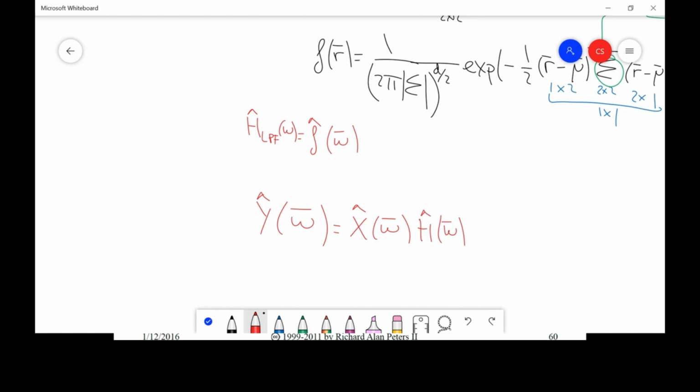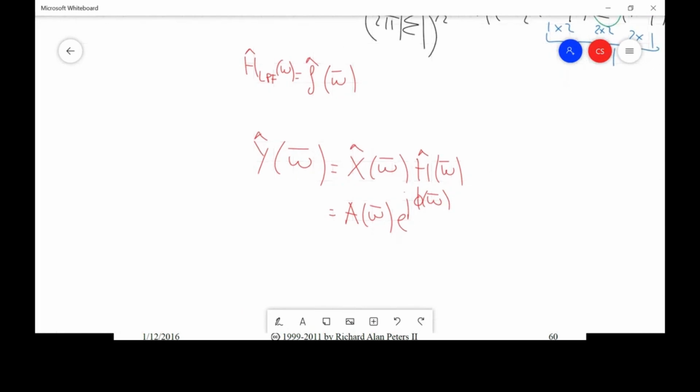Okay, now let us express this one as an amplitude that depends on frequency, and then a phase that also depends on frequency, times the filter. But the filter, it is a Gaussian filter. So if it is a Gaussian filter, this is a real number.